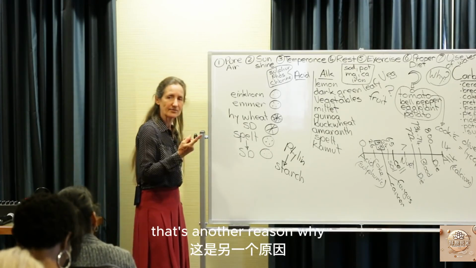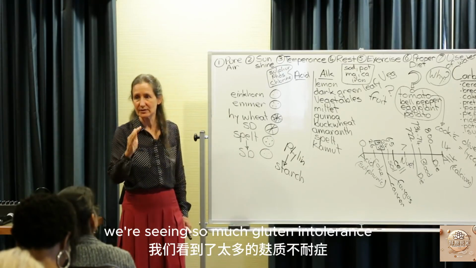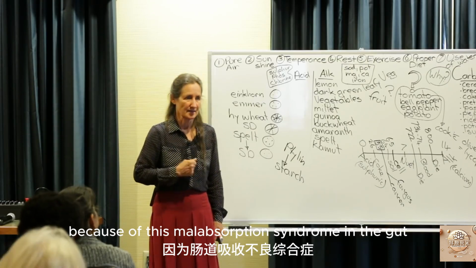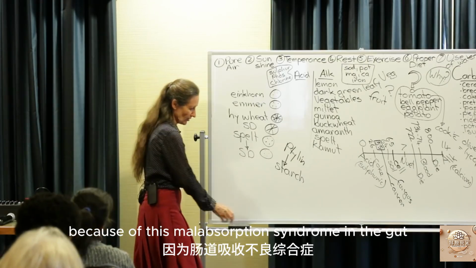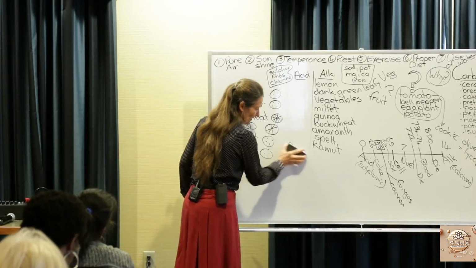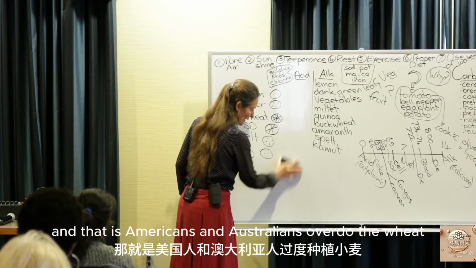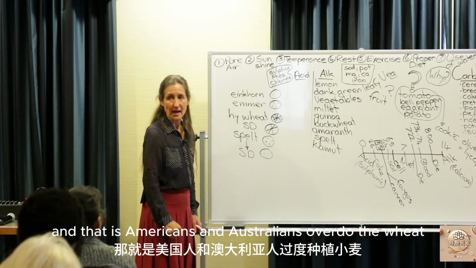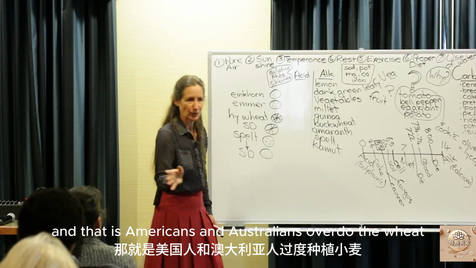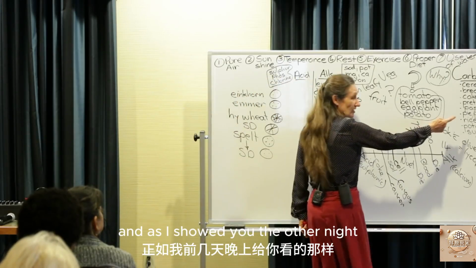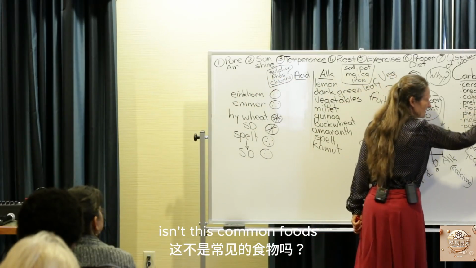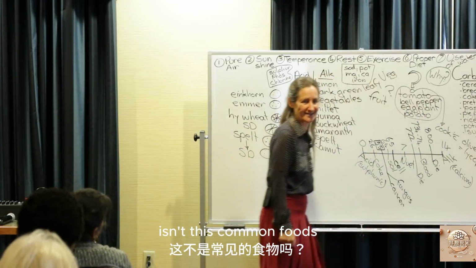So that's another reason why we're seeing so much gluten intolerance, because of this malabsorption syndrome in the gut. There is another reason, and that is Americans and Australians overdo the wheat. And as I showed you the other night, isn't this common foods?